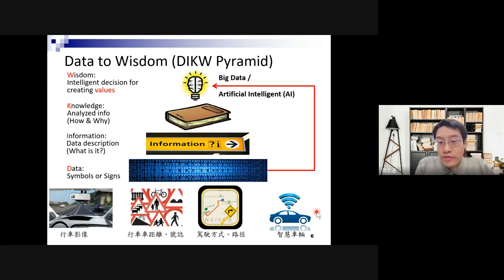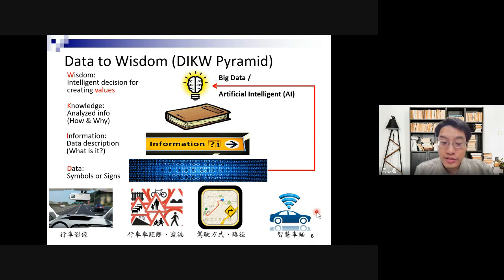So the value of data, again, is not a new concept. Way before, people already proposed the idea of data to wisdom, and they proposed a pyramid called DIKW. You can see each letter stands for a term, right?